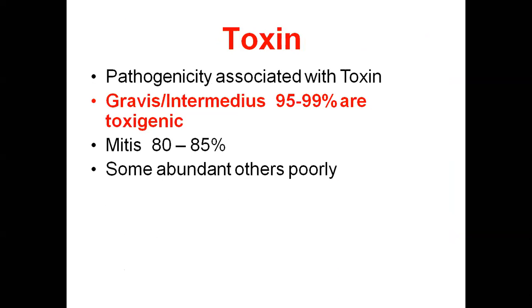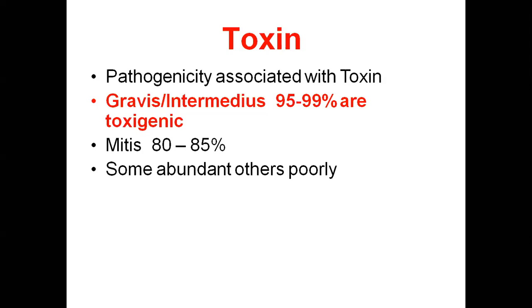The next is toxins. Under toxins you can see that the pathogenicity is associated with the toxins of gravis and intermedius. You can identify that 95 to 99% are toxigenic, and mitis about 80 to 85%. Some are abundant, others poor.